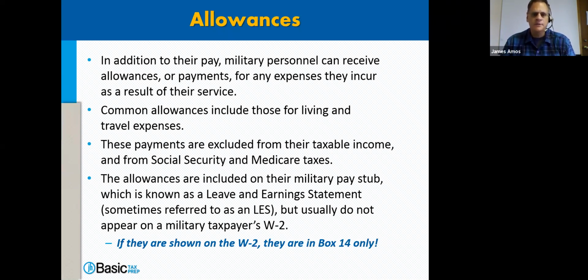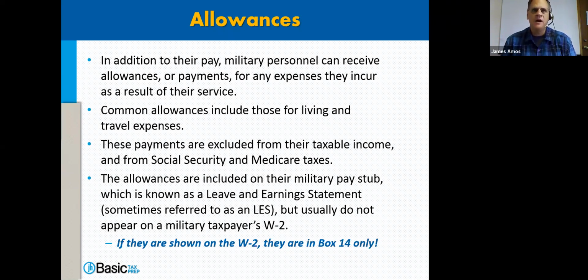Now, these kinds of payments are usually excluded from taxable income and also from Social Security and Medicare taxes. And that makes sense because these are in the nature of reimbursement. If I am in the military and I'm living someplace where there is no base and they give me a stipend of $1,000 a month to pay for rent, they're not going to make me get taxed on that because that's just them trying to take care of my living expense.